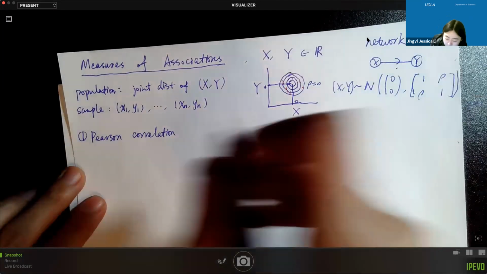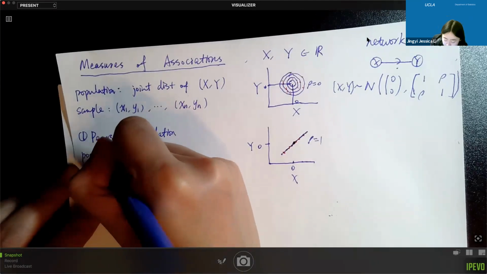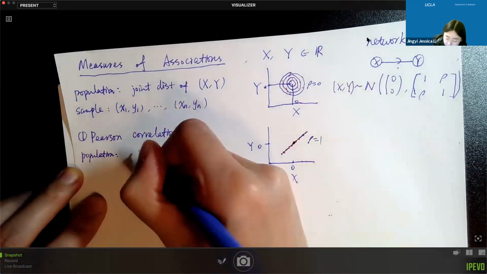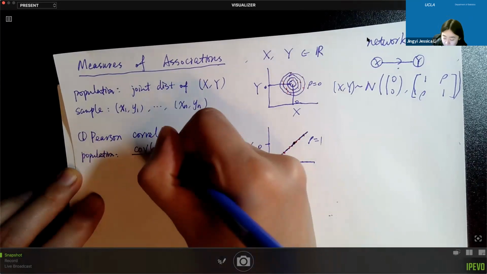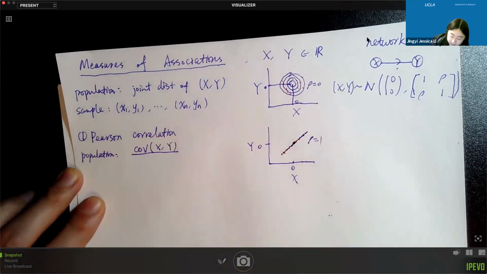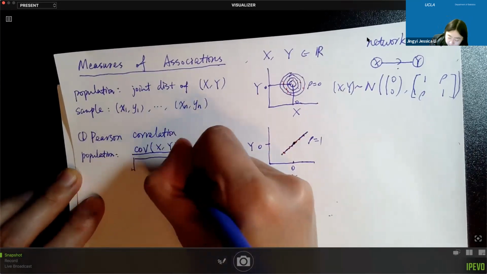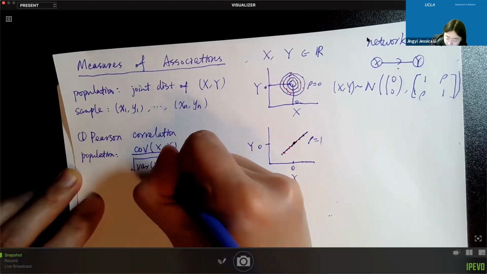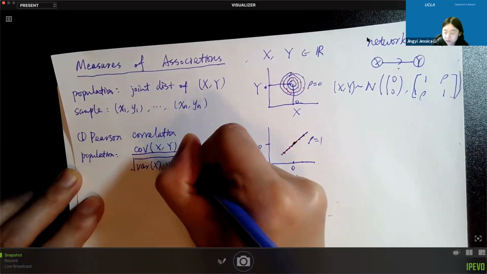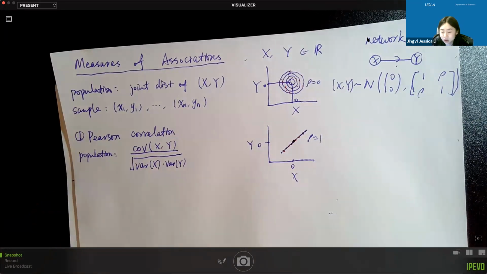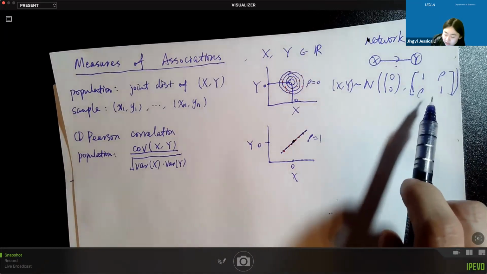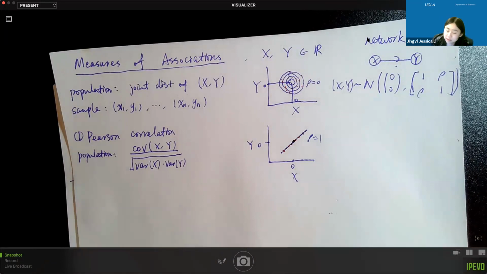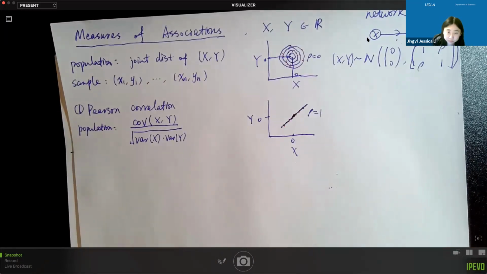The population measure of Pearson correlation has a direct definition, that is the covariance of X and Y divided by the square root of the variance of X times the variance of Y. So if you know the true population, you know how to calculate the covariance and the variance, and you're done. In the Gaussian case, you can clearly see that it's just equal to rho.